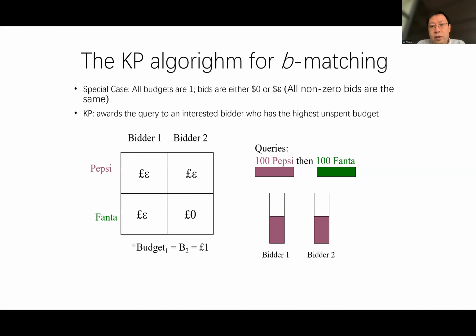So when the search engine evenly distributes bidder one's and bidder two's advertisements when the 100 Pepsi queries come, this is in consideration that both bidders have the same amount of budget. So the remaining budget of the two is the same. By displaying the advertisements evenly, the search engine can keep both advertisers on the market. So in future, when some other queries come, both bidders are still on the market.